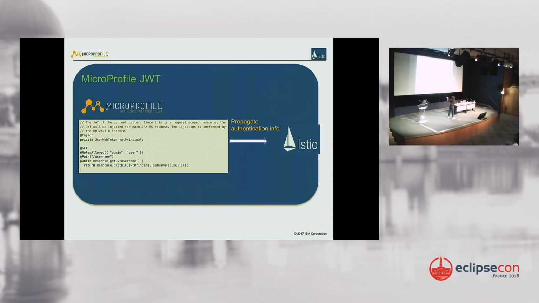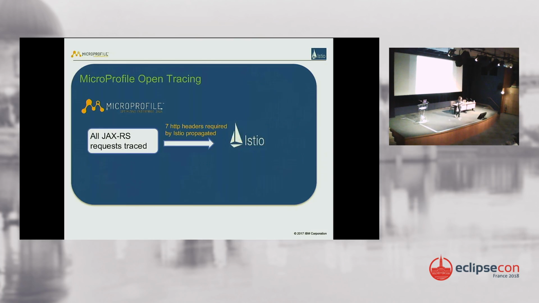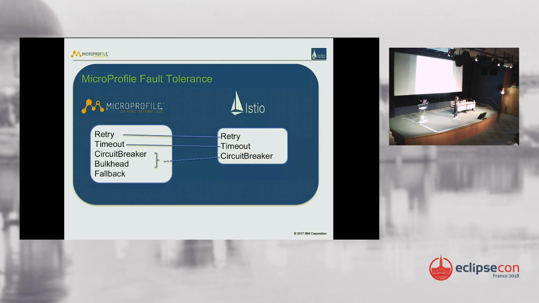MicroProfile makes sure the JWT will propagate the tokens and make sure the downstream transport is secure. And this final one is OpenTracing. Istio can show the trace spans, however it needs the application to add these 7 headers. MicroProfile automatically adds that for you.